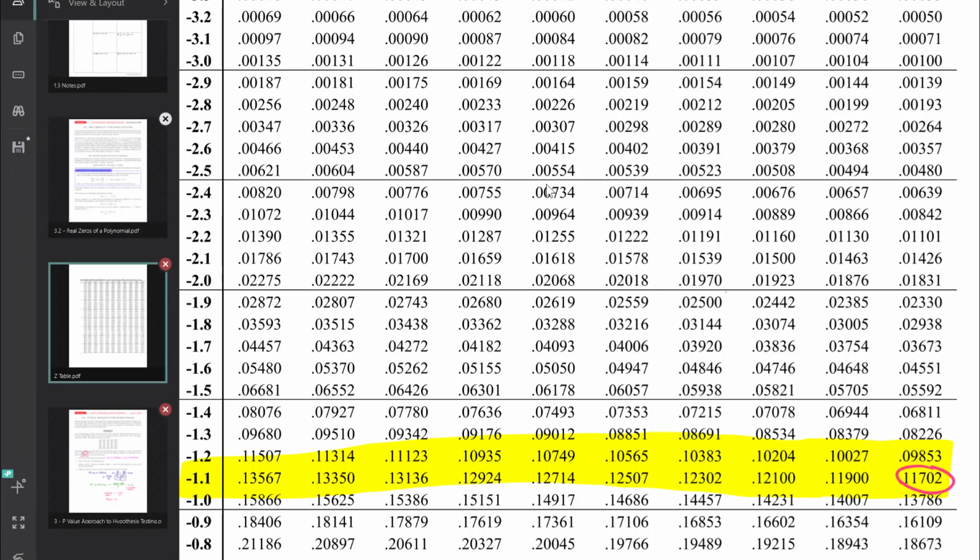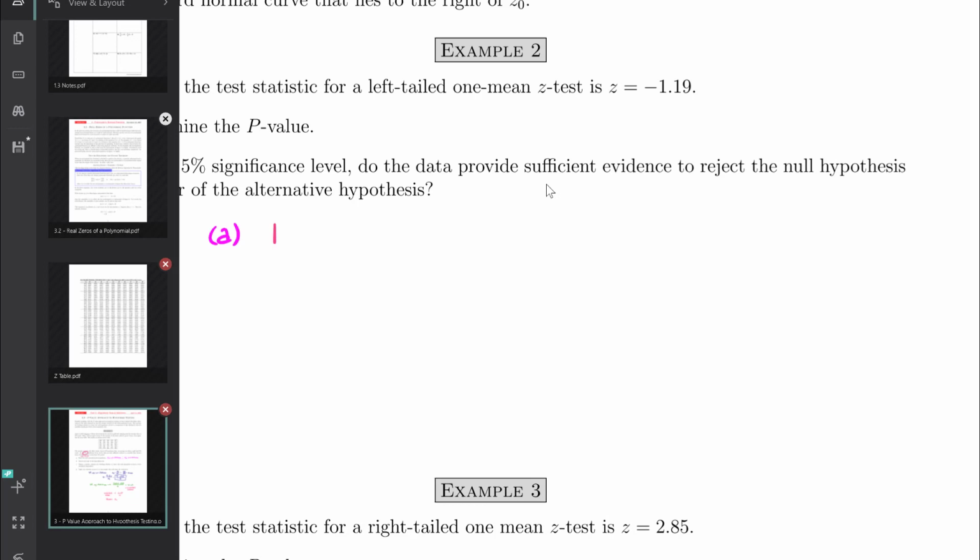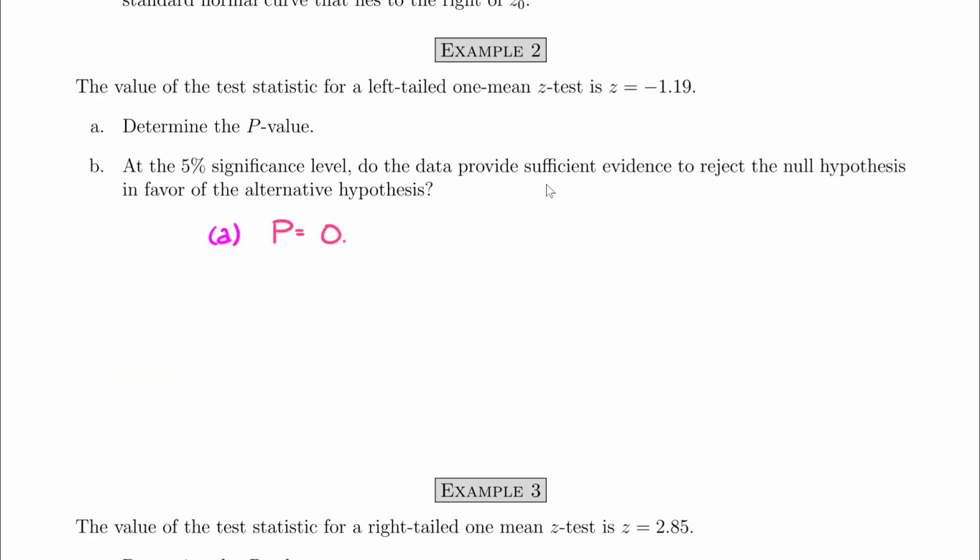So we'll go back to the notes here. P is equal to 0.11702, and that's our p-value. Anything less than 0.11702, we would reject. Anything greater than 0.11702, we would not reject the null hypothesis.